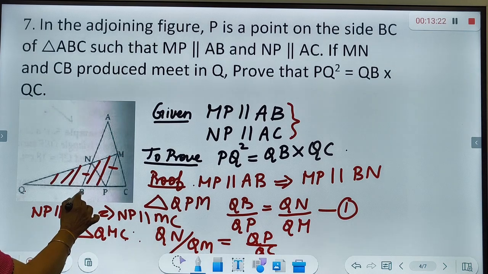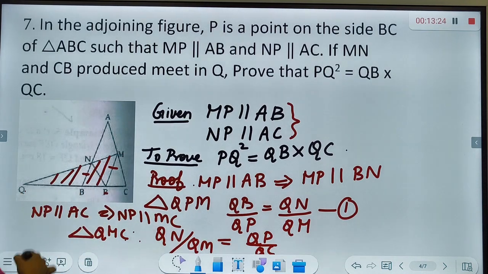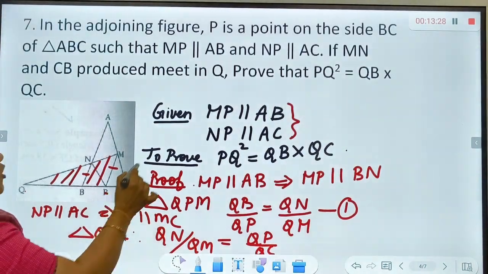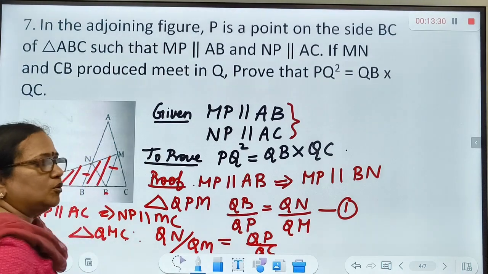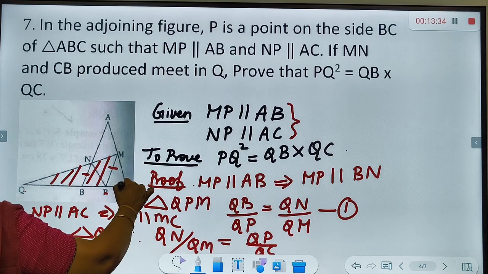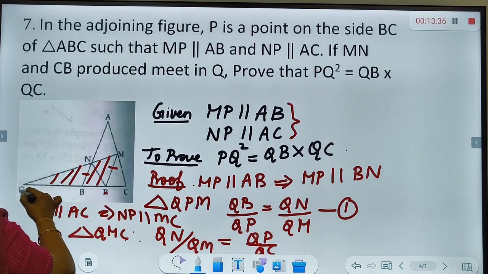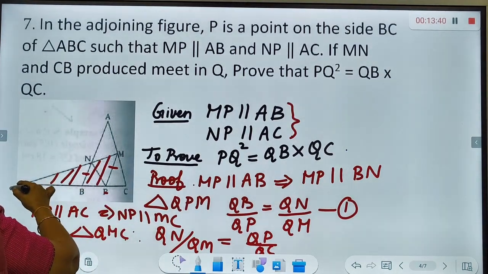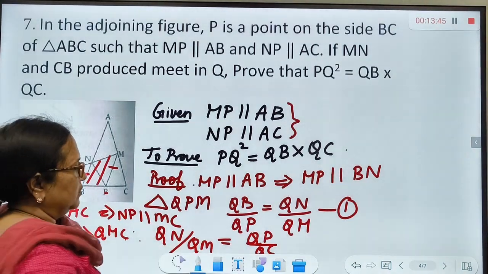QB by QP will be equal to QN by QM. That is the first fact. Now, the second fact, NP is parallel to AC. So, that means QP by QC is equal to QN by QM. That's what we got.